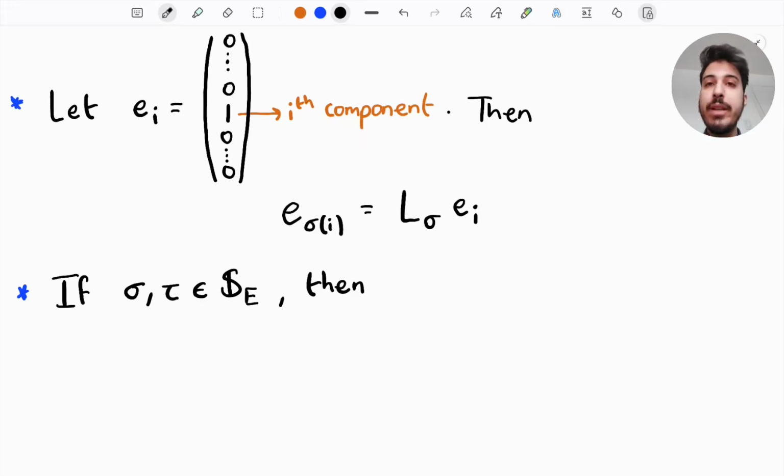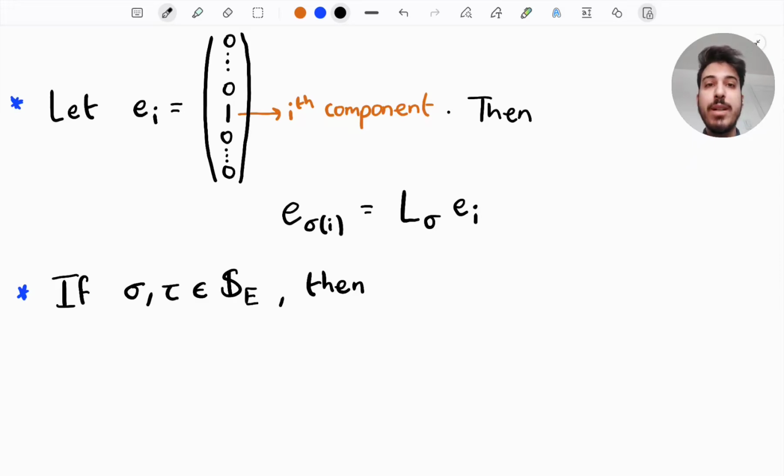So you can see a very neat description of where sigma sends the 1 to. So if 1 is in row 3 and sigma sends it to another row, then we will see that take effect in the vector of e_i.